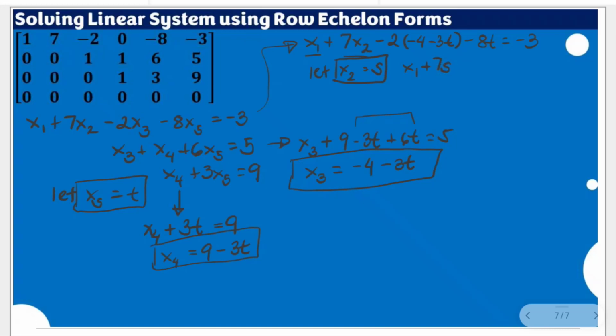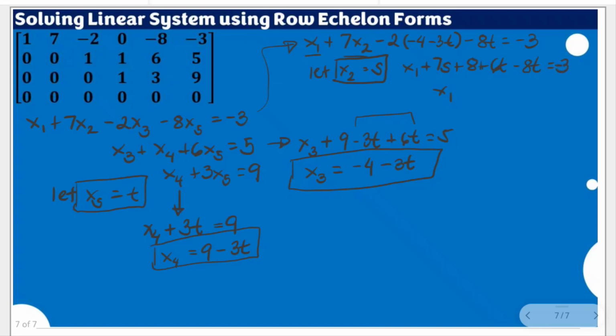Let's try to compute now this grouping symbol. Negative 2 times negative 4 is plus 8. And then you will have plus 6t minus 8t is equal to negative 3. And finally, your x sub 1, applying the correct operations now.